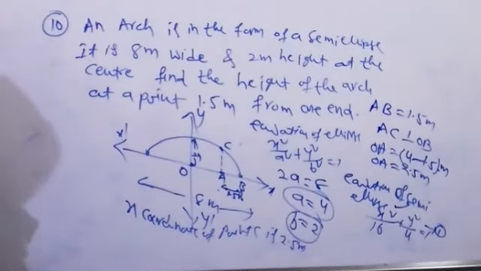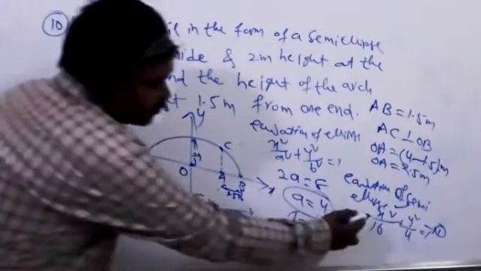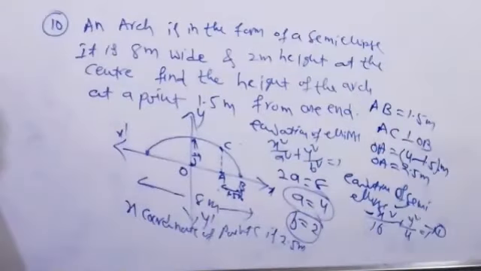Okay, that's it. So 2.5 will be the final, substituting 2.5 in place of x. Then y square is equal to, y is equal to 1.556.